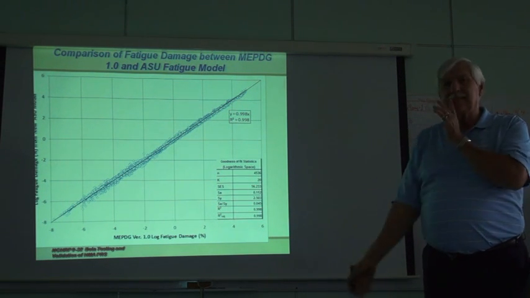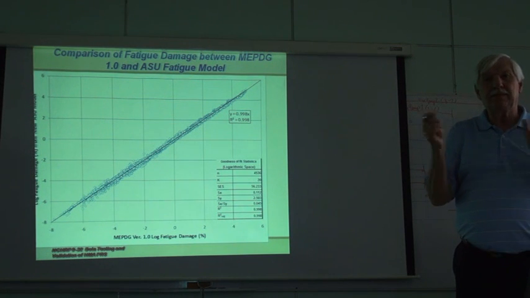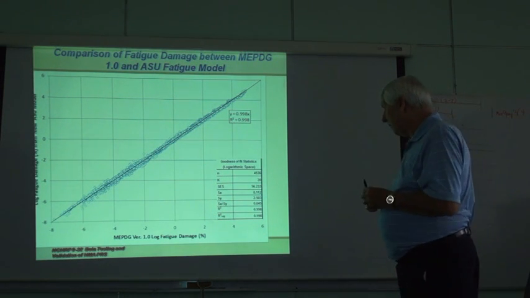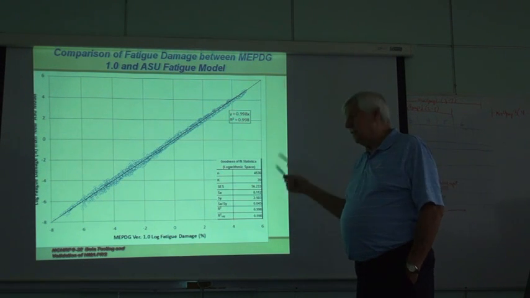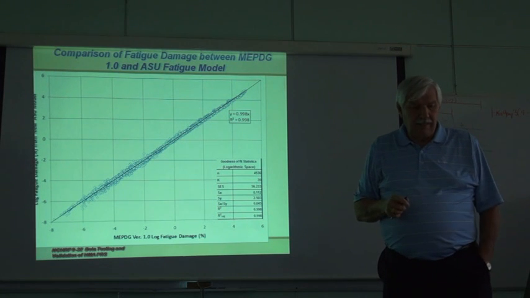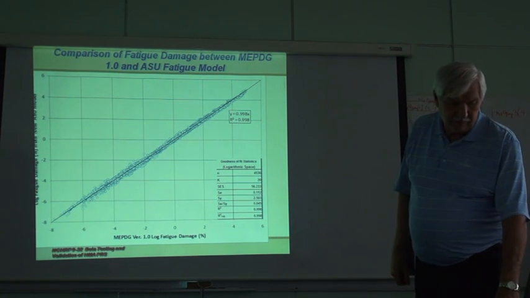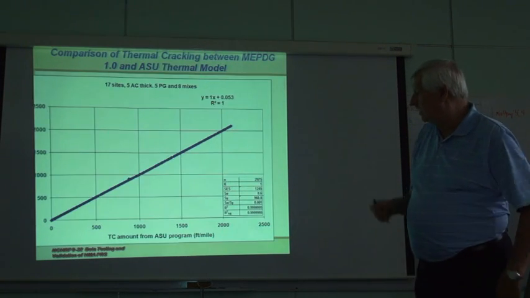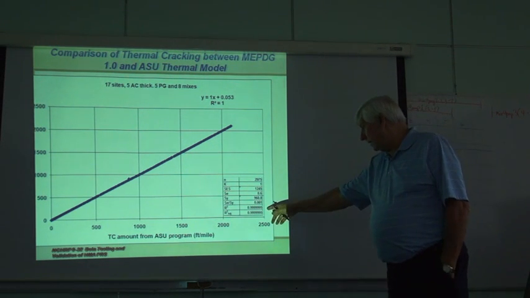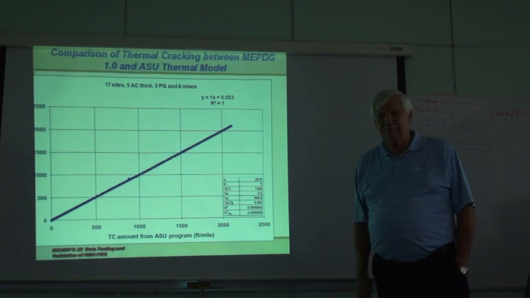This is a simple equation which reduces everything to what we call effective temperature and effective modulus. And it's very good. This one was a little bit better, 0.998. And then, of course, we did very poorly on the thermal fracture. I could never get this last 9 out here.